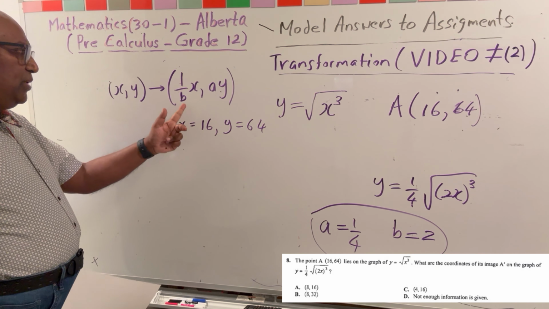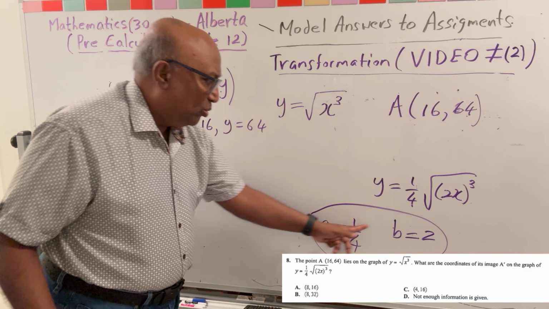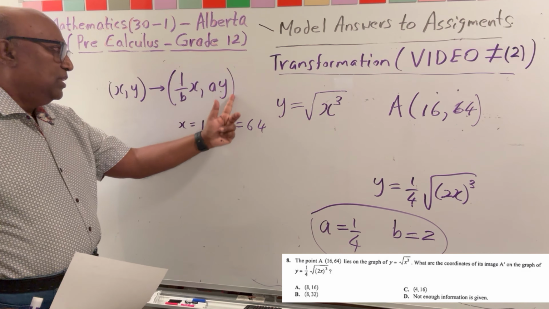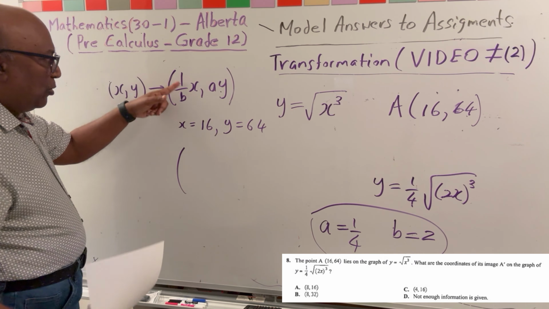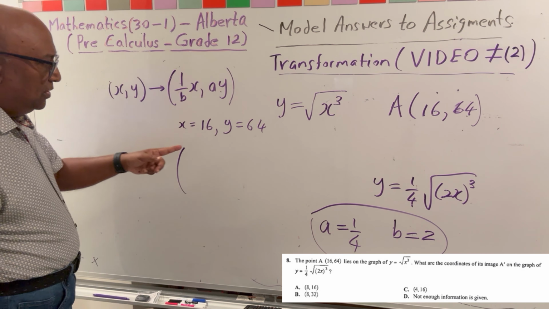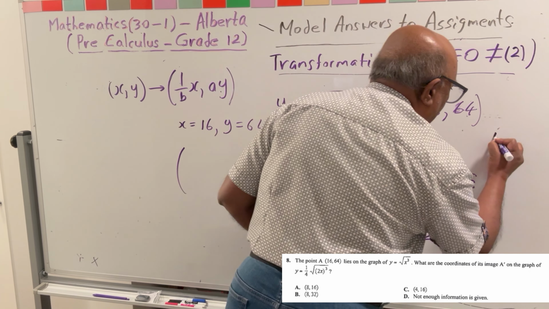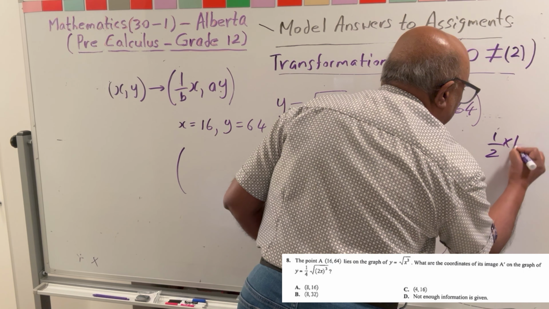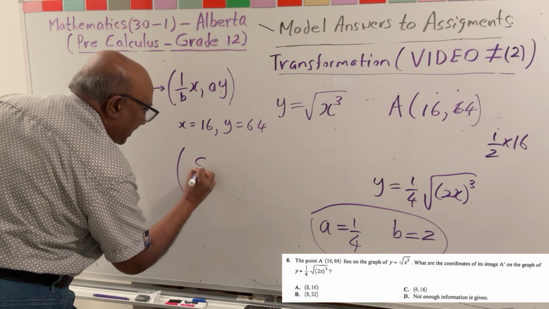That means let's input all these values, xy as well as a and b values, into this expression. Now what is that? 1 upon b times x. That means 1 upon 2 times the original value. This is 8. Okay, that means the new x coordinate is 8.